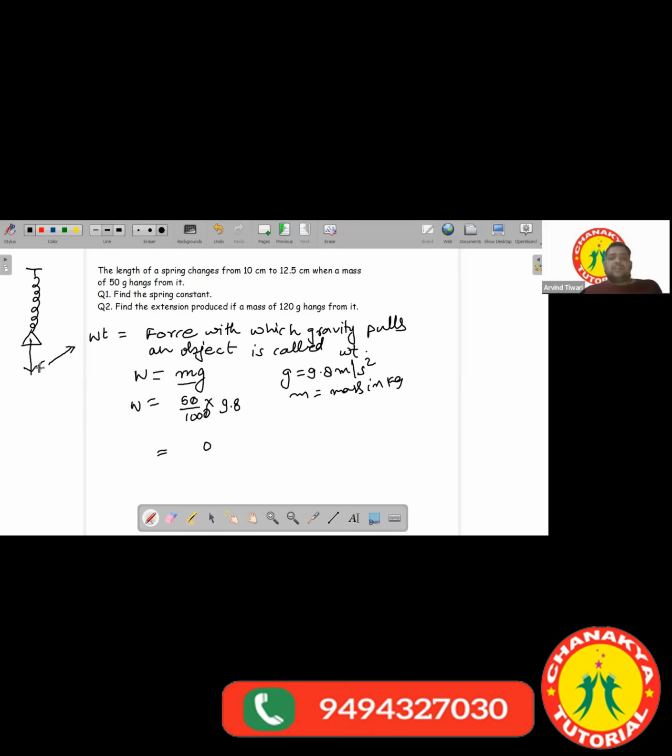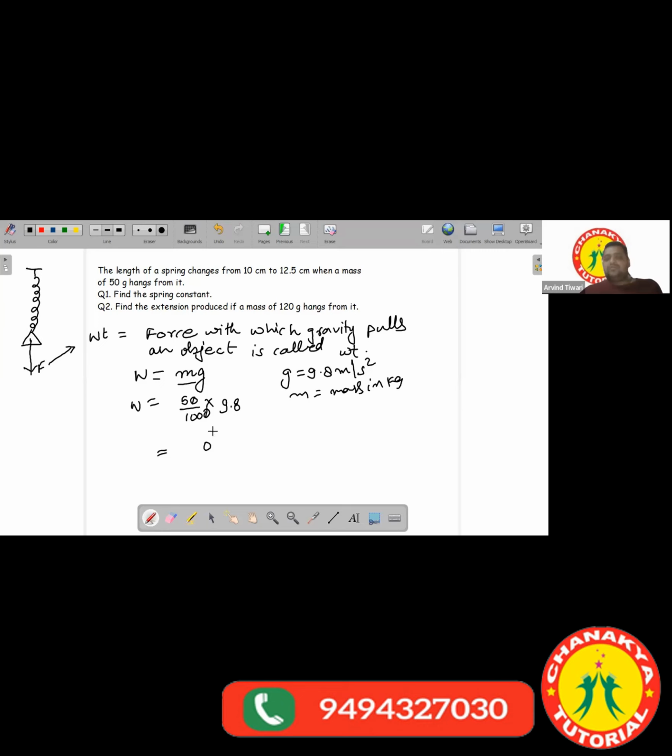So this gravitational force is equal to mg, and this is the force which is producing the extension in the spring, so that we can use the formula F equals kx.